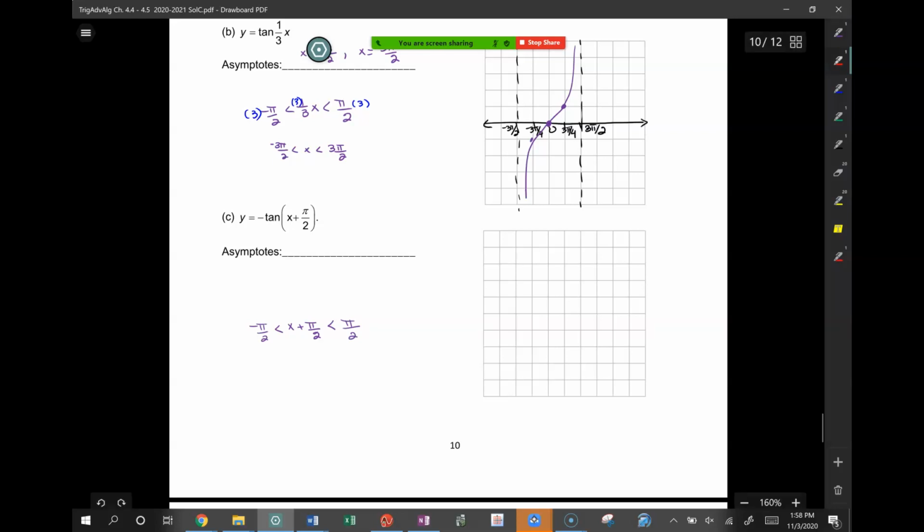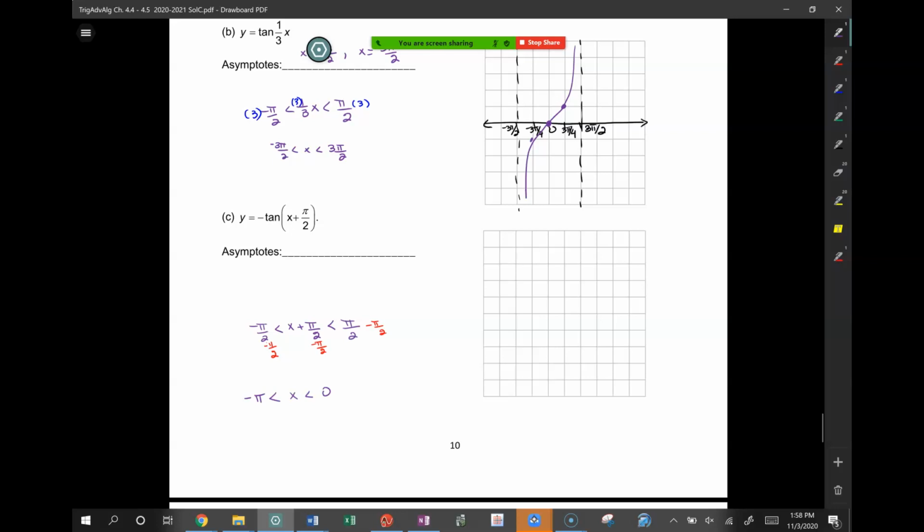Now, if I have x plus pi over 2, I'm going to subtract pi over 2 from everywhere. And what I'm going to get is negative pi < x < 0.